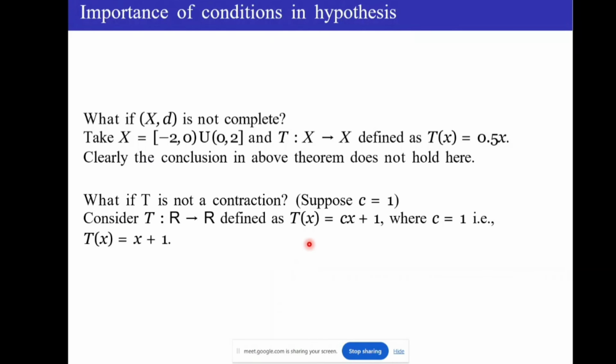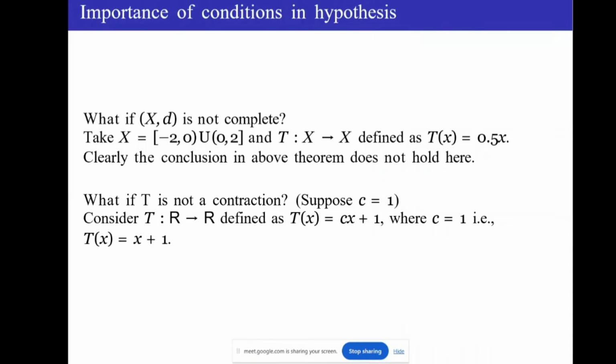So I am defining T of x to be Cx plus 1, where C is equal to 1. So we will have T of x equal to x plus 1. Will this map have any fixed point? Suppose it has, then what will happen? We will have x equal to x plus 1, right? That means 0 is equal to 1, which is absurd, right? So in this case we will not have any fixed point.